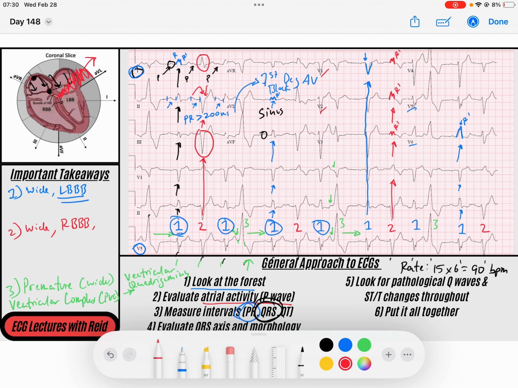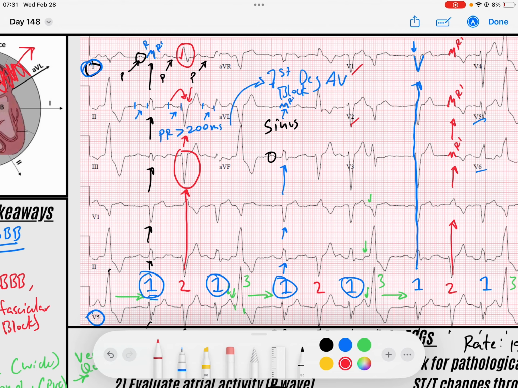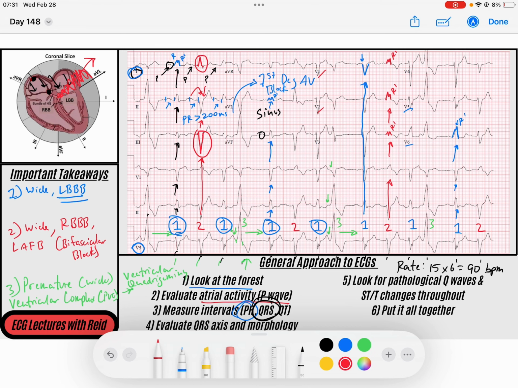This also is a left anterior fascicular block, right? So this is a bifascicular block morphology, because we've got that upright in 1 and this downgoing in 3. That tells us we've got a bifascicular block pattern for beat number 2.